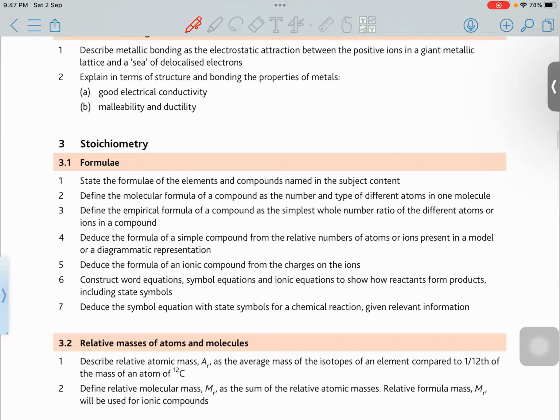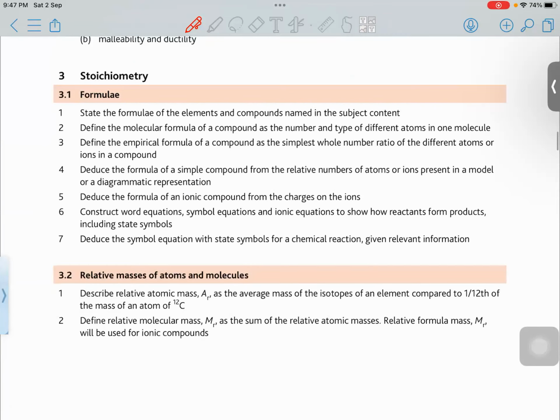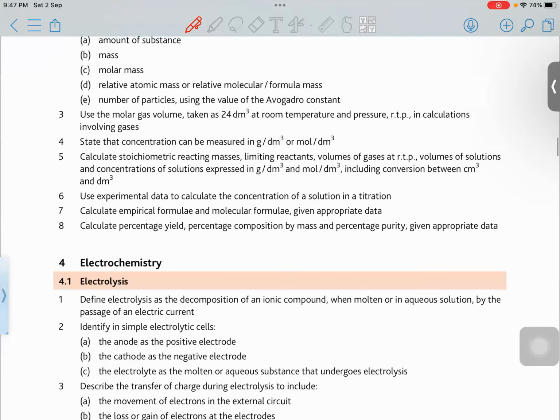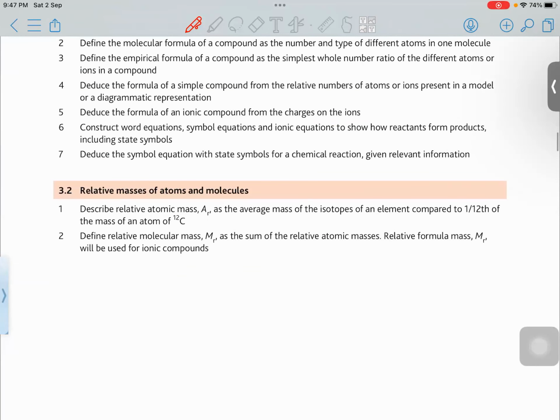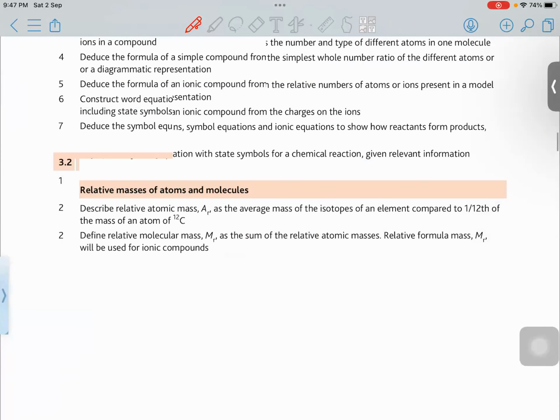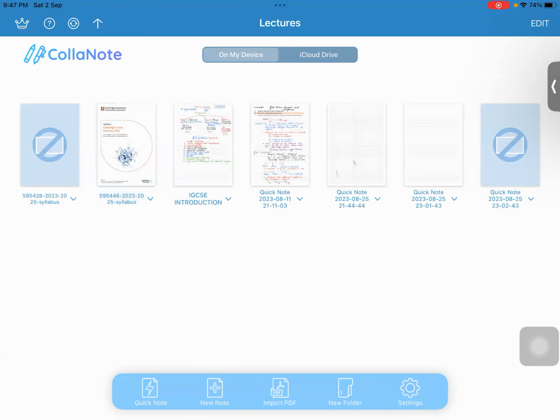Now we are moving to a new chapter, stoichiometry. Sir, how many topics are in this one? In this stoichiometry, we have three units: 3.1, 3.2, and 3.3. Very important.